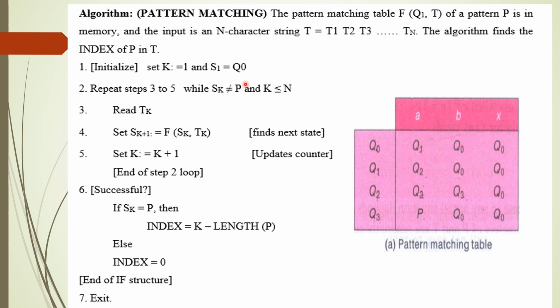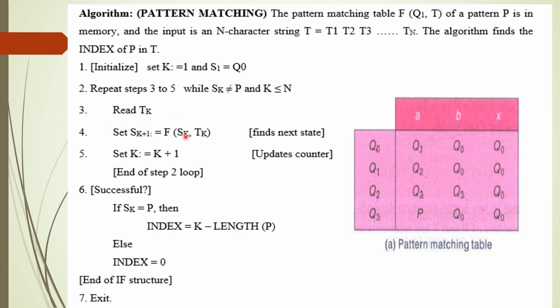And k is less than or equal to n. Here n is the number of characters in the text string and k is the index variable. Read tk. The k value is 1. What is T1? The first character of the text. Read the first character of the text.